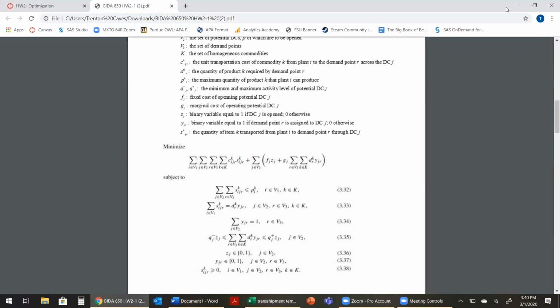And we know how many we need to open by minimizing the cost of transportation plus the cost of running the distribution centers.